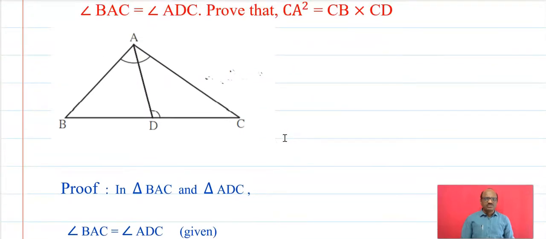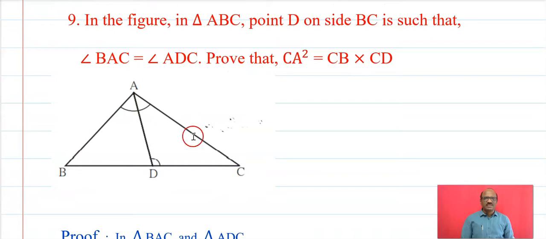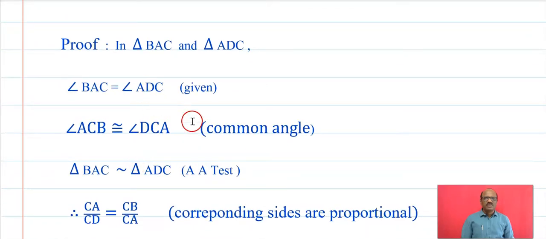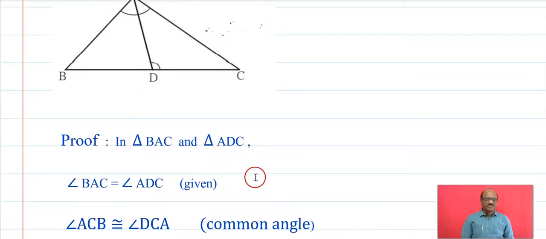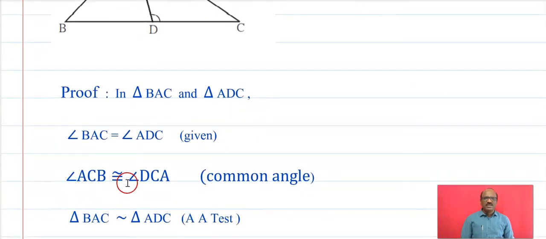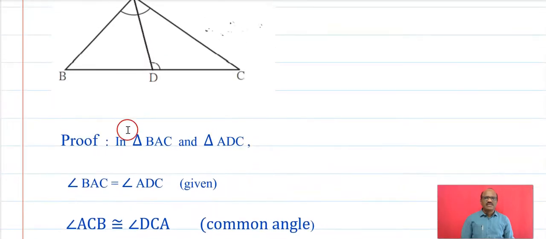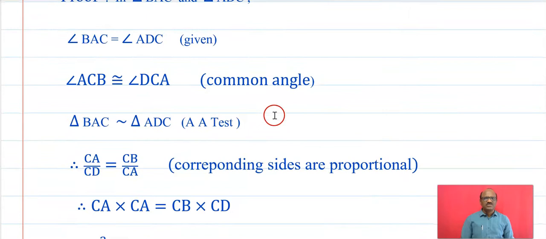Now we'll consider the two triangles, triangle BAC and triangle ADC. In this case, the measure of angle BAC is congruent to the measure of angle ADC, which is given. Also, one more angle: angle ACB is congruent to angle DCA, which is a common angle, and hence triangle BAC is similar to triangle ADC by the angle test.